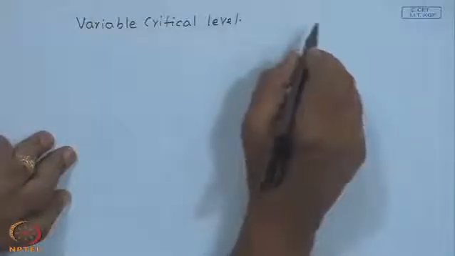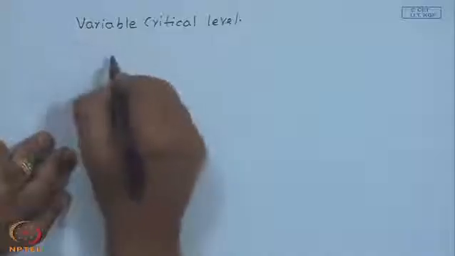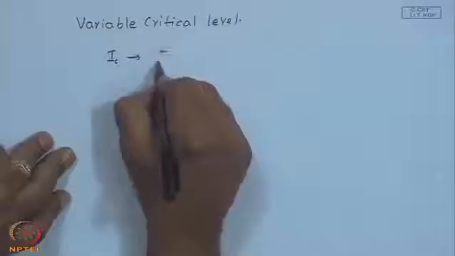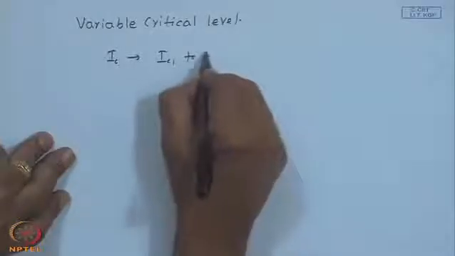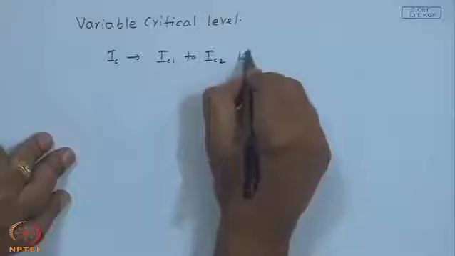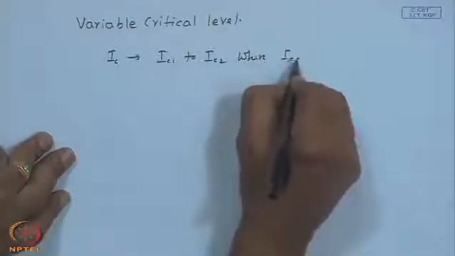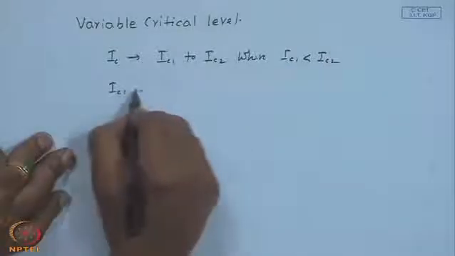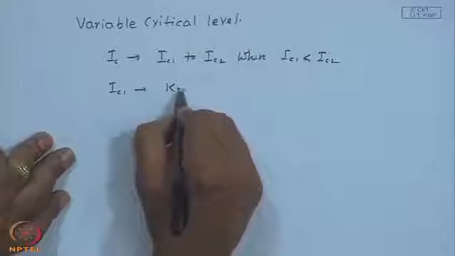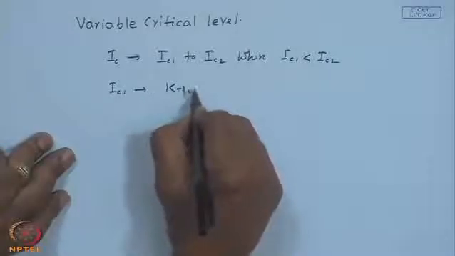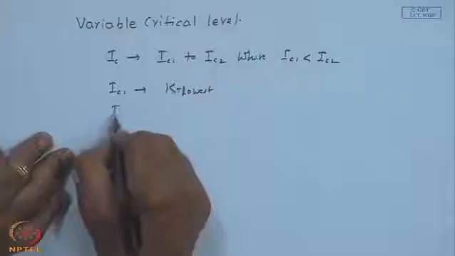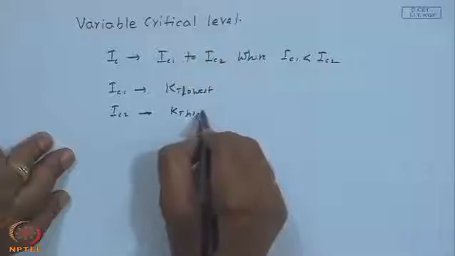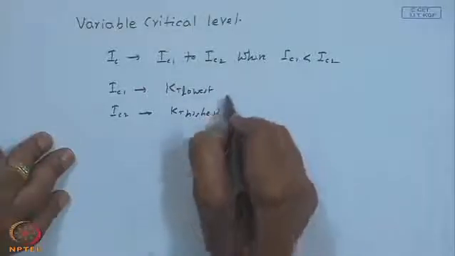But if you look at it from the meteorological data point of view, your IC may vary from IC 1 to IC 2, where IC 1 is less than IC 2, and IC 1 may be on the KT lowest day and IC 2 may be on the KT highest day.